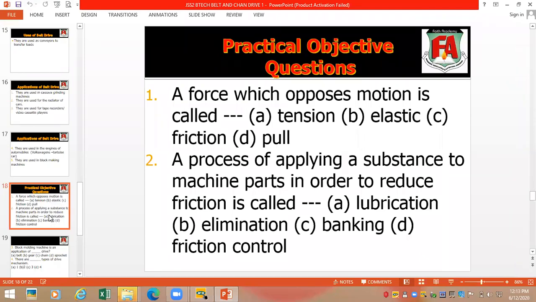What is the correct answer? Lubrication. Yes, but do not give me chorus answer. The answer is correct. Lubrication is the process of applying a substance to a machine part in order to reduce friction. Correct.